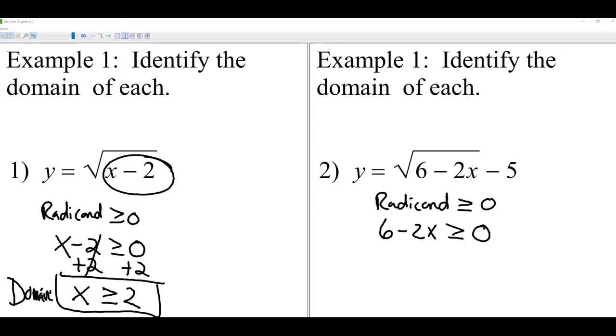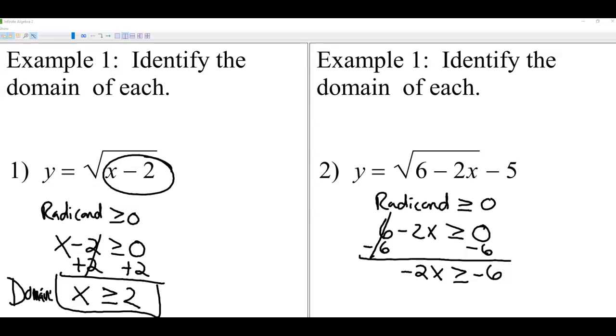What would we do first to solve for x? Now what? Okay, so let's back up.